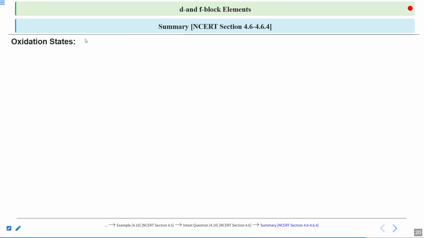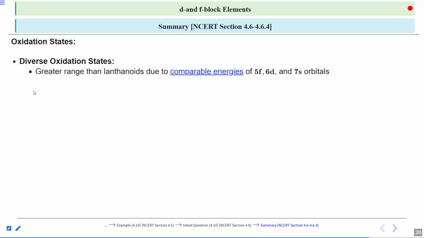Then we have talked about the oxidation states. There are diverse oxidation states shown by them. A greater range of oxidation states than lanthanoids is shown by actinoids due to the comparable energies of the 5f, 6d and 7s orbitals, which are present in the outermost orbital configuration of the actinoid series.